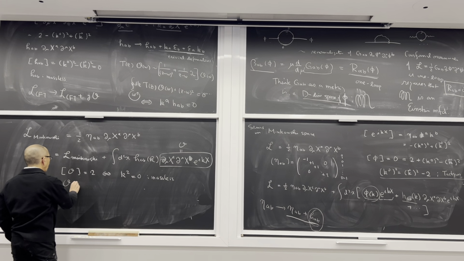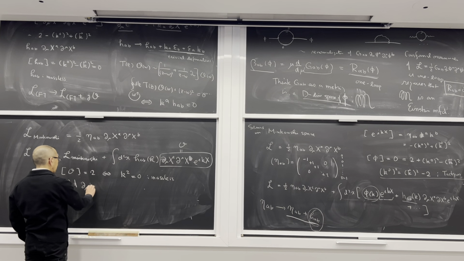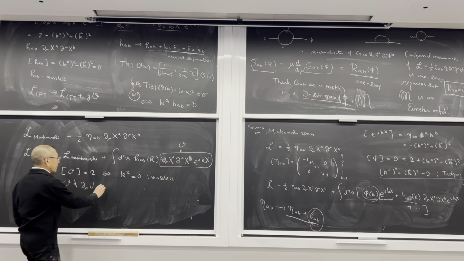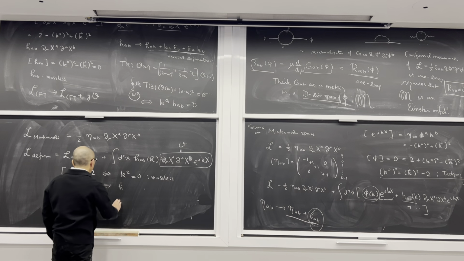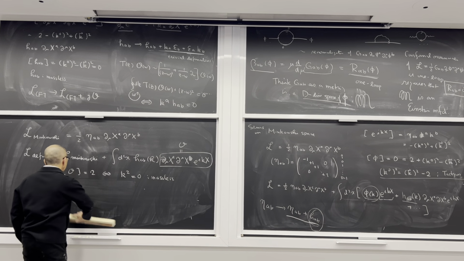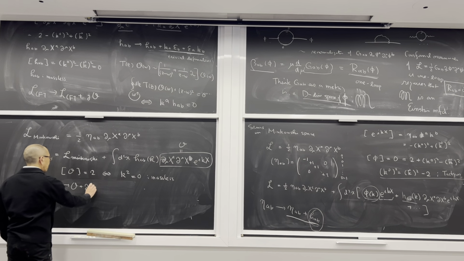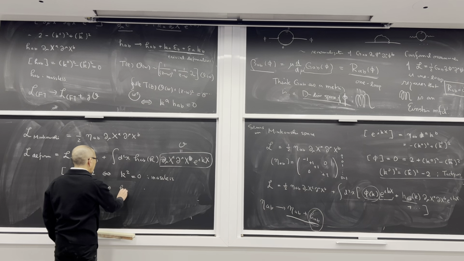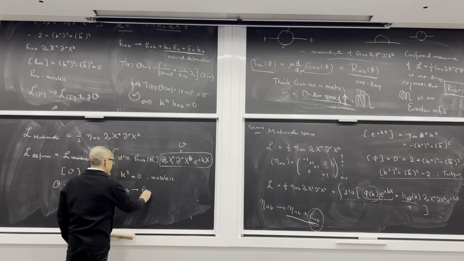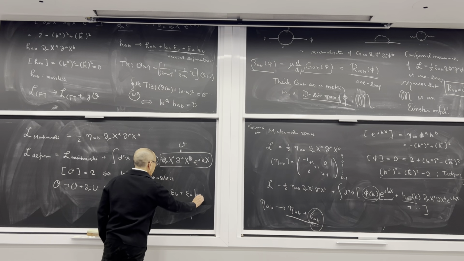And the condition that O is not a total derivative of some other field implies that this Lagrangian is invariant under O going to O plus a derivative of some other operator, which is equivalent to saying that H_AB can be deformed by adding something like k_A ε_B plus ε_A k_B.